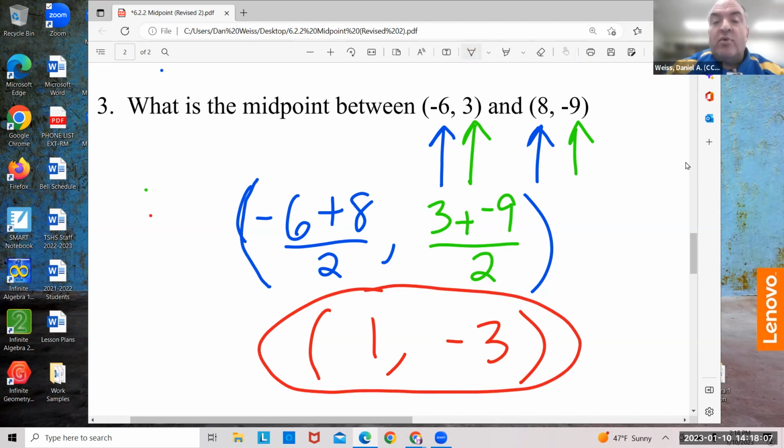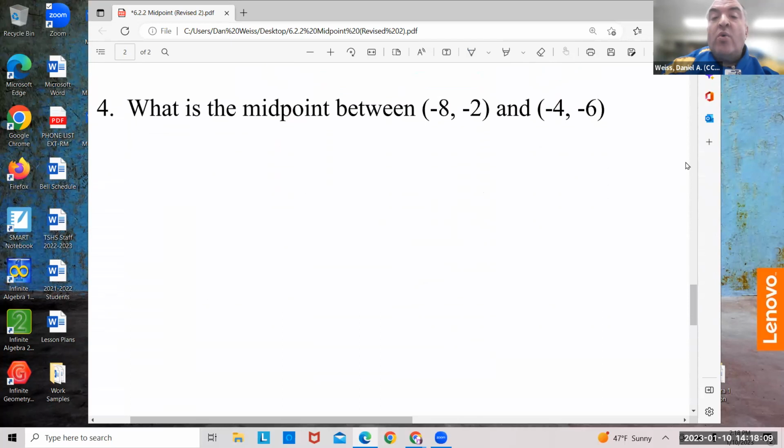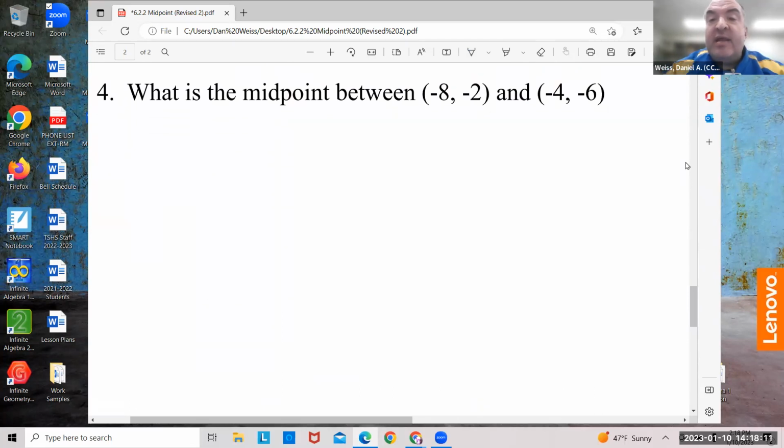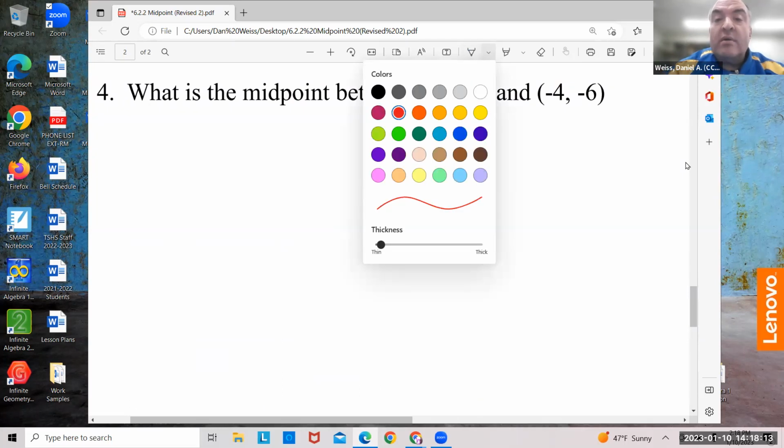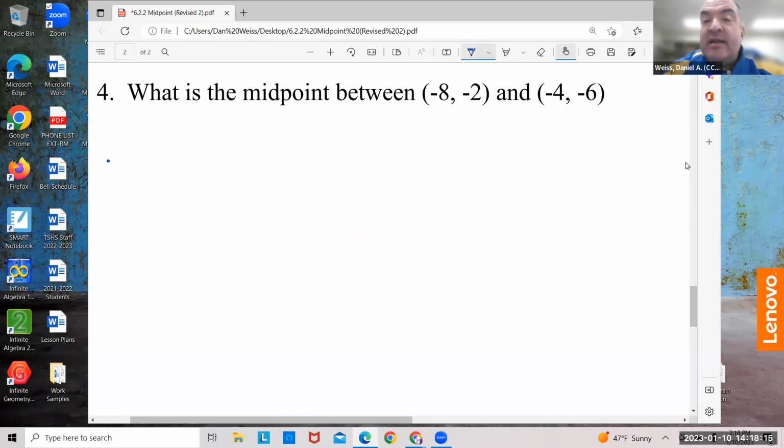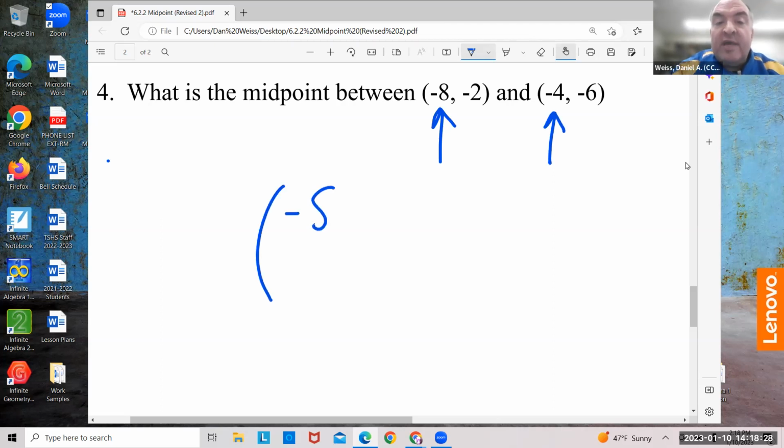Okay, let's do one more. What's the midpoint between -8, -2, and -4, -6? So I'm going to take -8 plus -4 divided by 2.